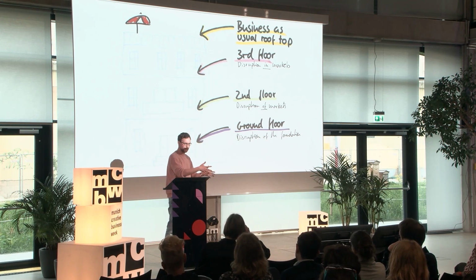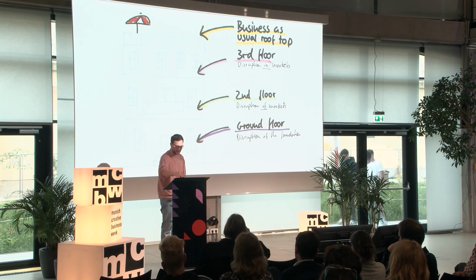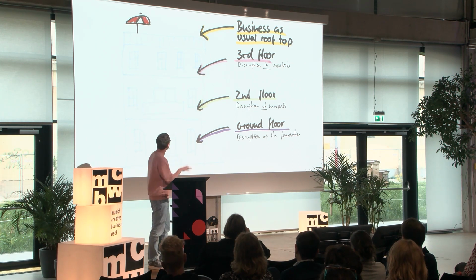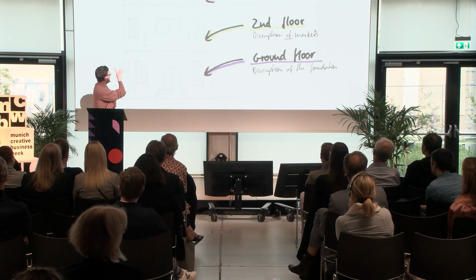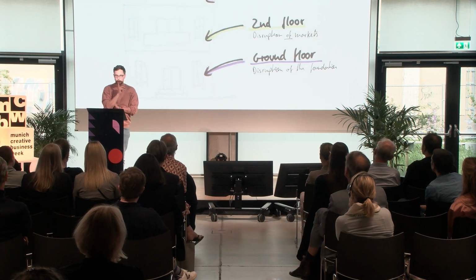We don't lease these cars in a different way. We don't buy them differently. We don't buy them in bunch. We still buy a single car, but it seems to have a different engine. And it seems to be a different product, and it seems to disrupt something in that market. And that is typically what Clayton Christensen talked about. So what he has in his theory is always disruption within a market.